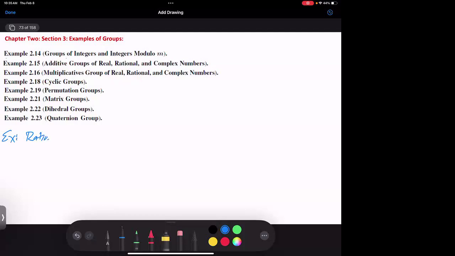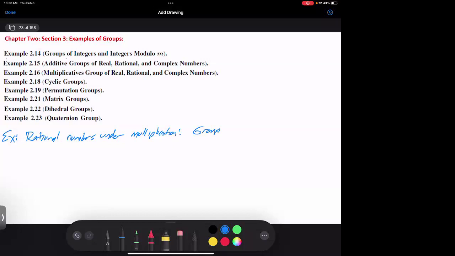So let's consider rational numbers under multiplication. Is this a group? Is it closed? Is a rational times a rational rational? Yeah. Is it associative? Yes. Why?